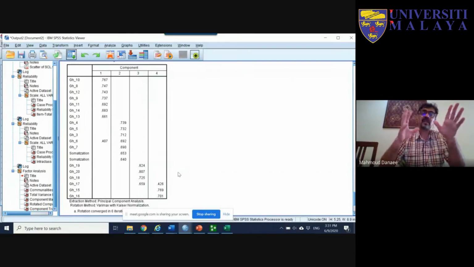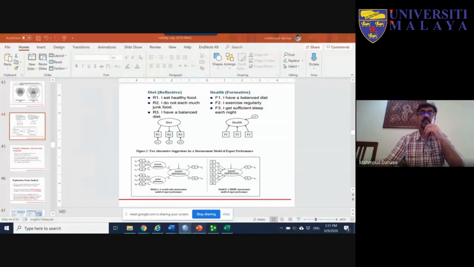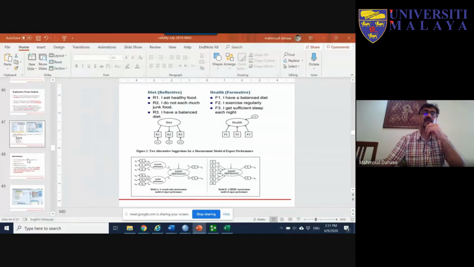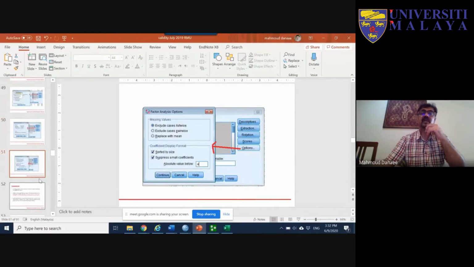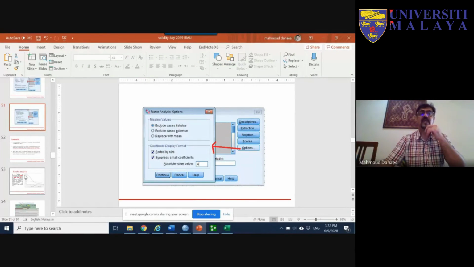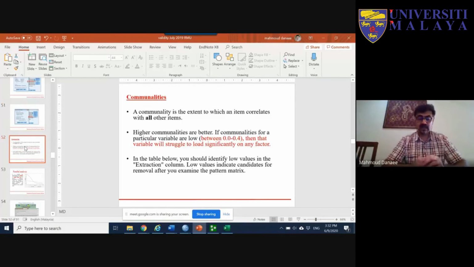And of course, there are many details in terms of factor analysis that you can also learn from references and resources. But unfortunately, I saw many students who do the factor analysis using SPSS.